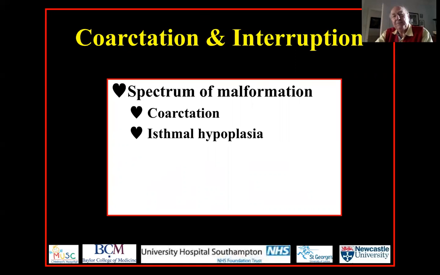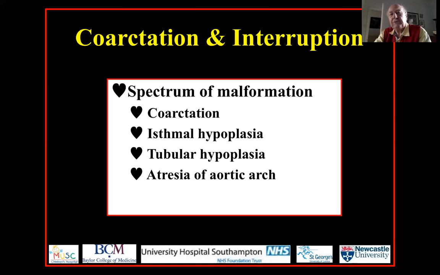But when it is more severe, we also find hypoplasia of those components of the aortic arch. And that's why these segments of the aortic arch are so important. And we're going to discuss that next week in the setting of rings and slings. But today, I'm going to discuss that with you in the setting of tubular hypoplasia.